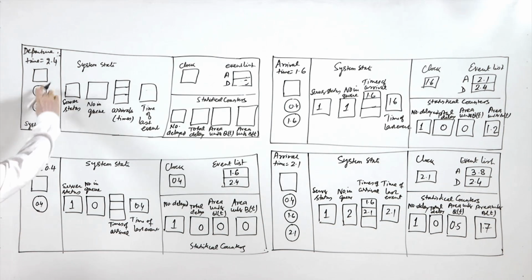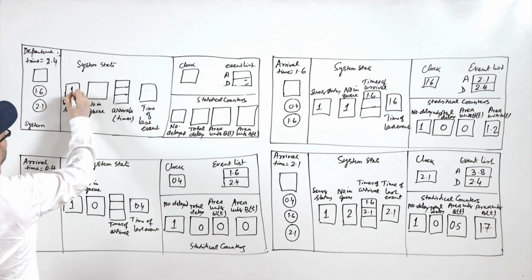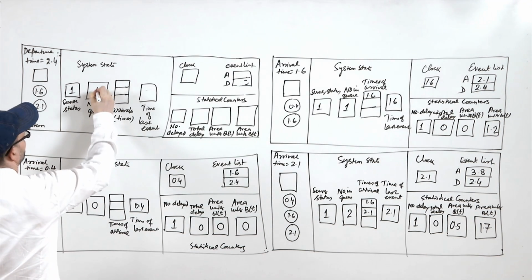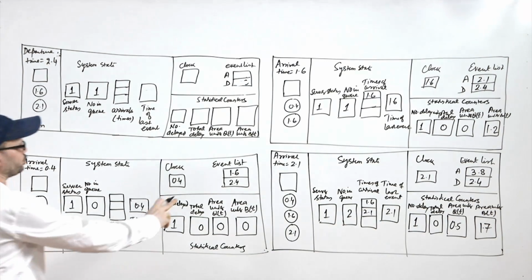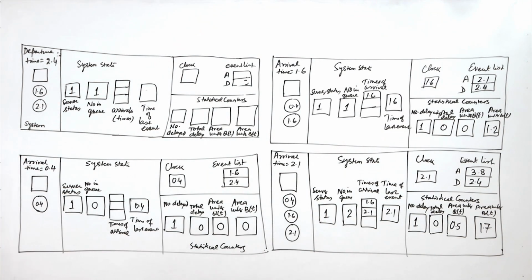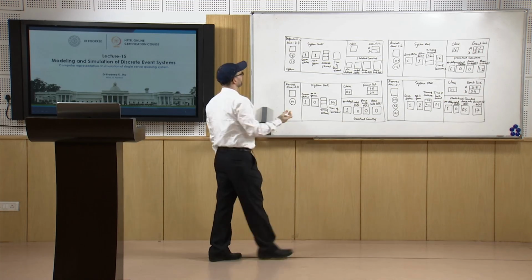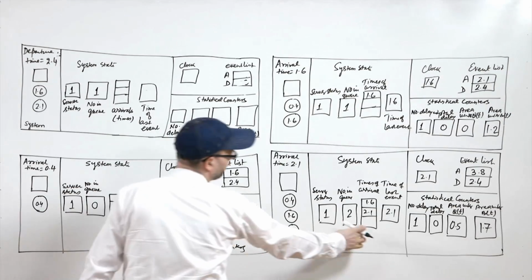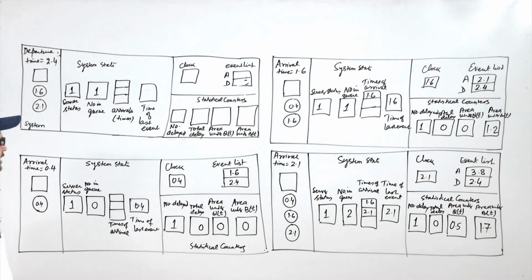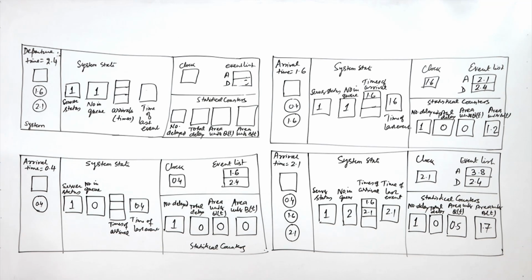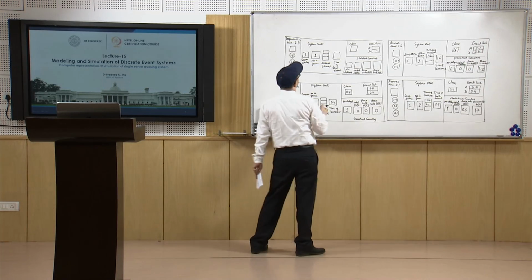In this case again we see that the server is busy. The number in queue is 1, earlier it was 2, and as there is a departure, the number of customers in the queue will be 1. From this array also one value will decrease. So, this customer with arrival time 1.6 is anyway in service, he is getting service.